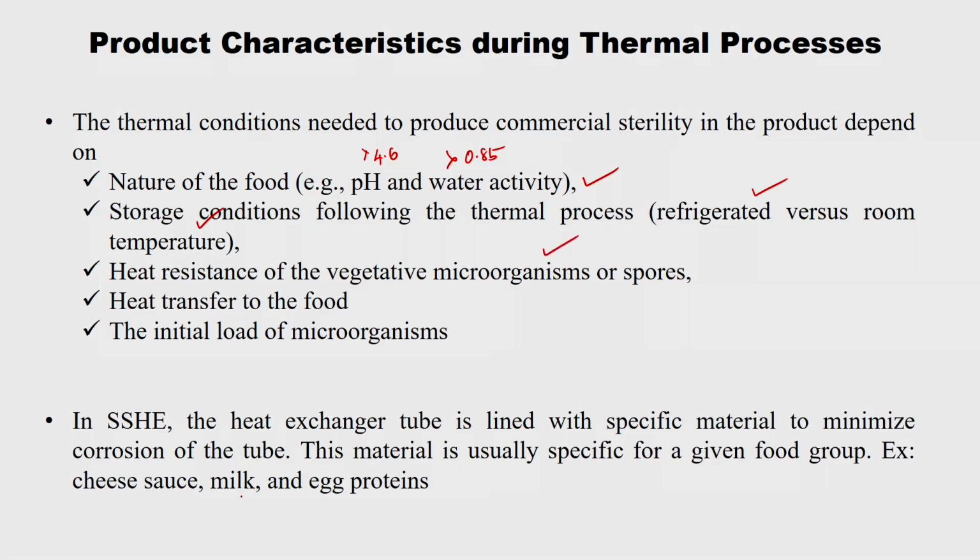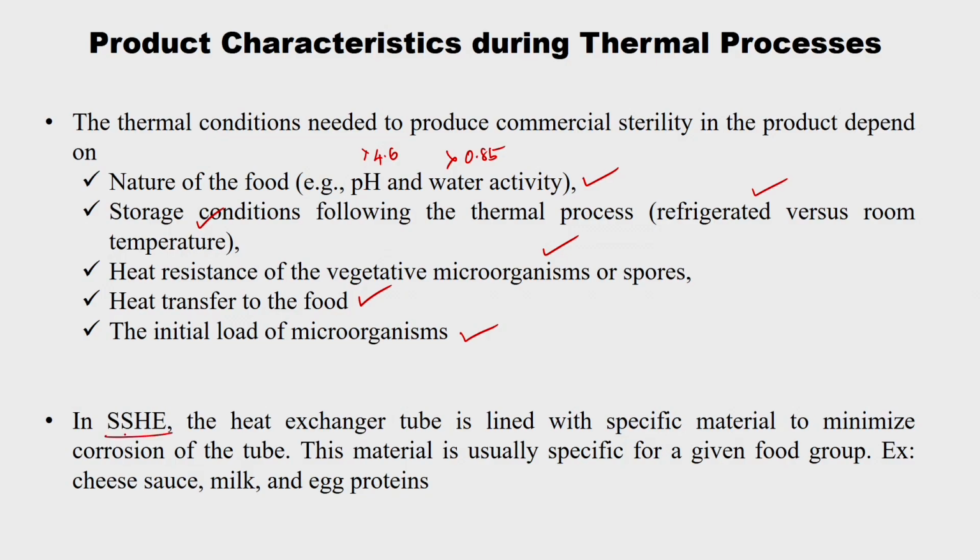So, this is the log reduction, and heat transfer to the food comes from the heat penetration test, and initial loading of the microorganism. This also we have seen, that N0 is very important. Normally it is practiced as 12D process value, but if initial spores are high, then we need to worry about that 12D process commercial sterilization.